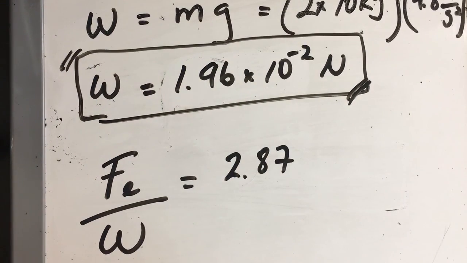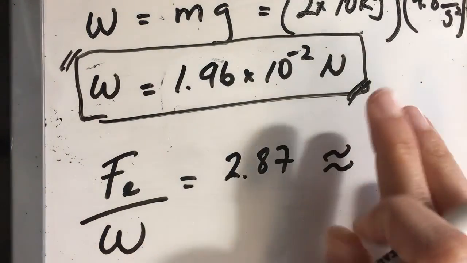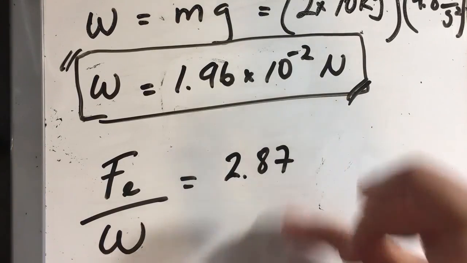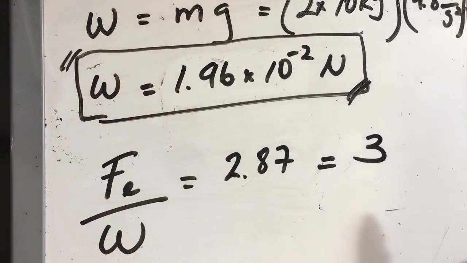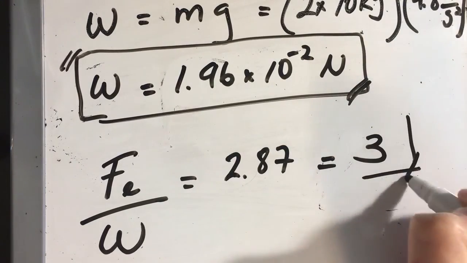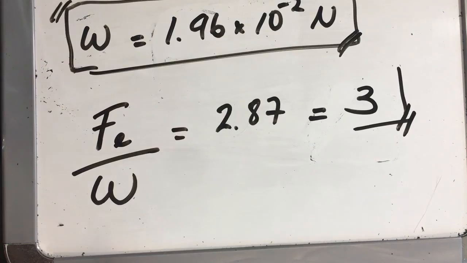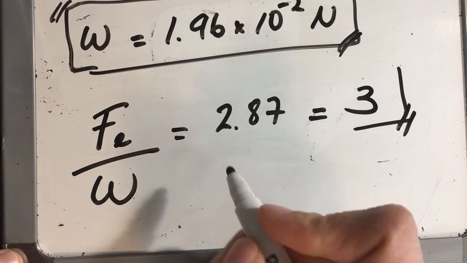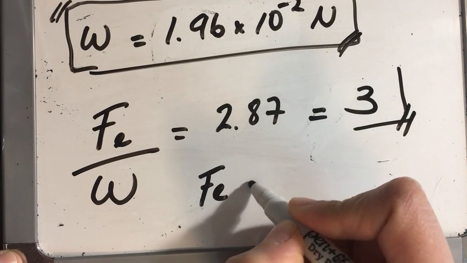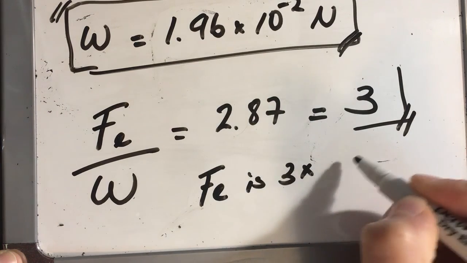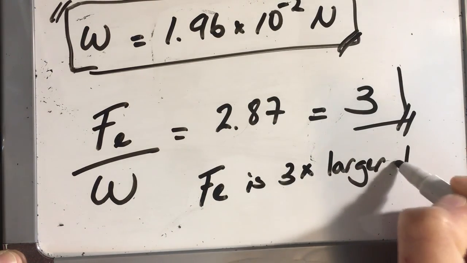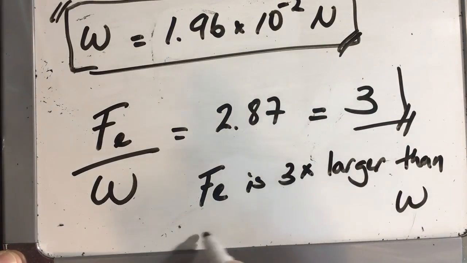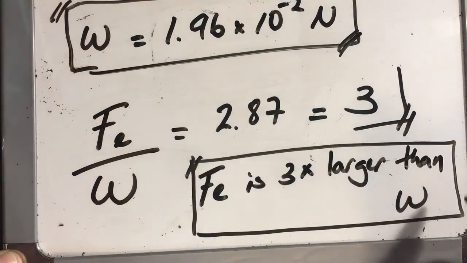That is the ratio between the two, which means that, if we want to work with one significant figure, my electric force is going to be 3 times larger than the weight. And that is the answer that they were asking us for in part B.